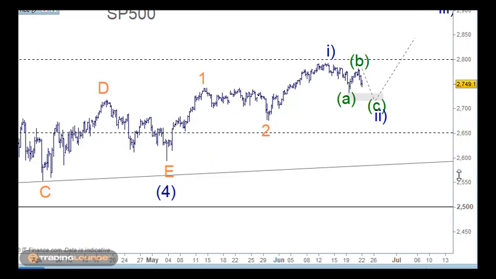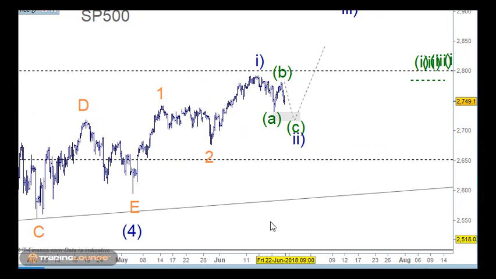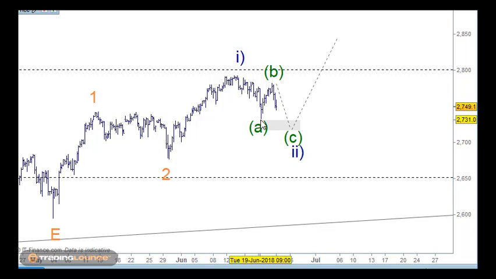This is minor wave 2, so we're looking for minor wave 3 to the upside, and that will have 5 smaller waves of minute degree, which would be wave 1, an A wave, a B wave, and a C wave here, pulling back to the 61.8%. The top of the box is the 50 and the lower end of the box is the 61.8. So we're in that space there.